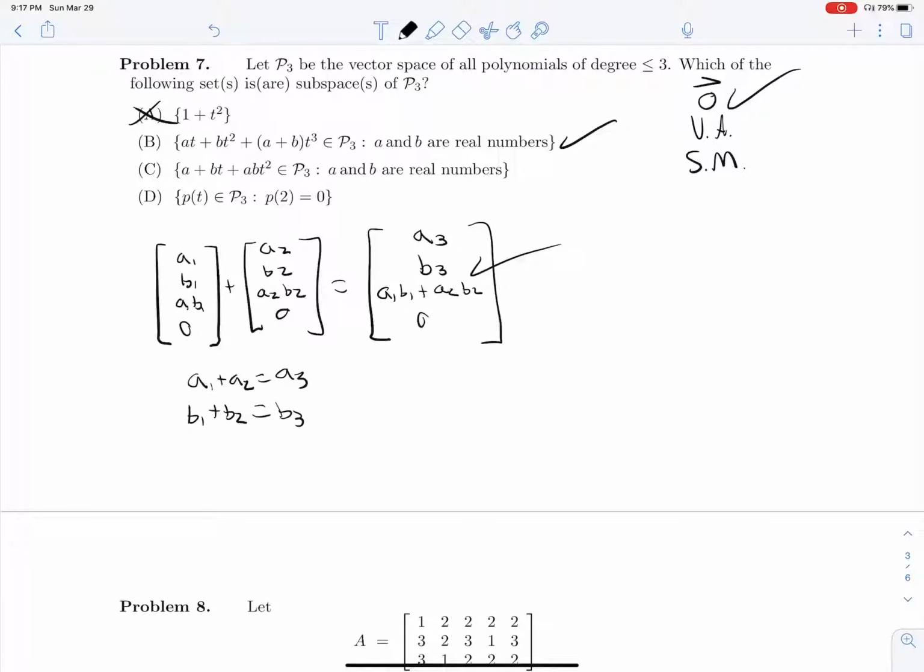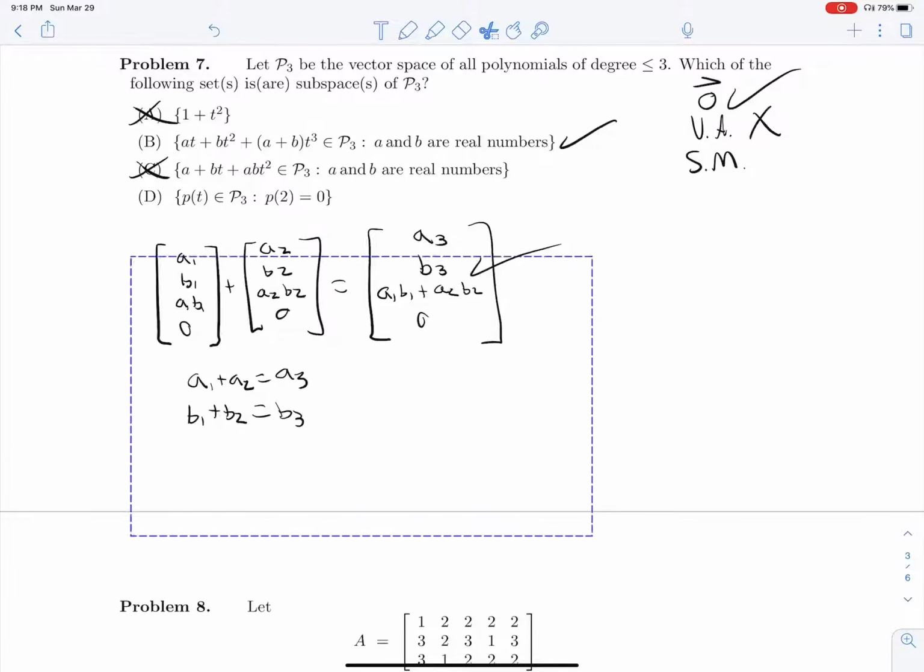That one's good, but a1 b1 plus a2 b2 is no good. We cannot express that in terms of a3 and b3. So in the end, we are not closed under vector addition. We fail our second rule up there, and so C is no good.